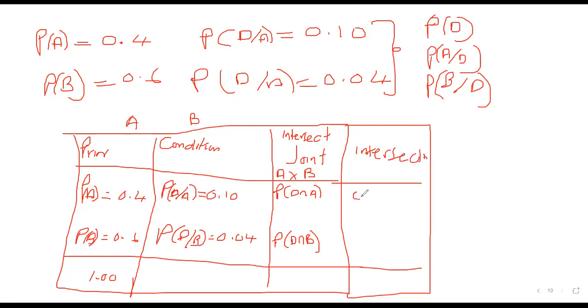So here you're going to get 0.04. Here you're going to get 0.024.